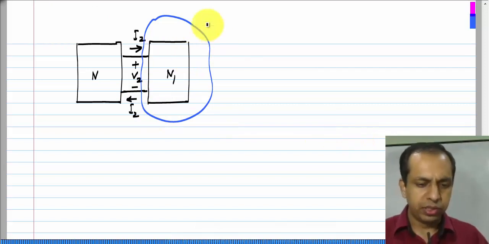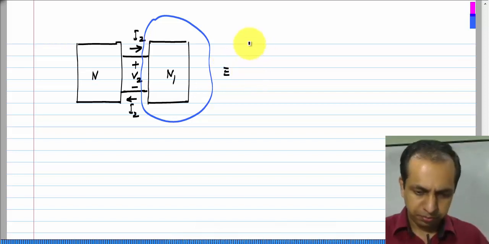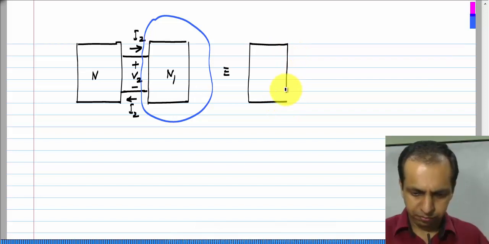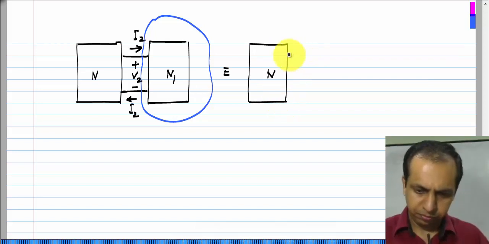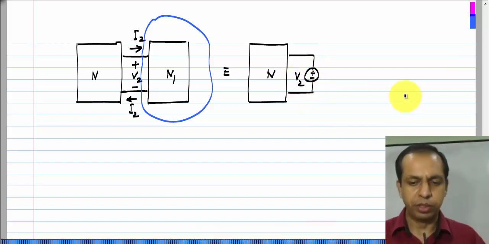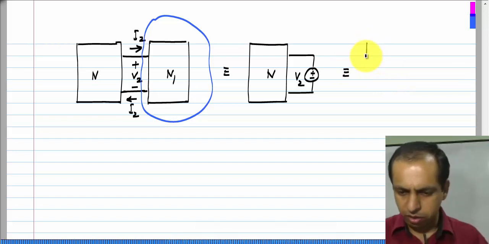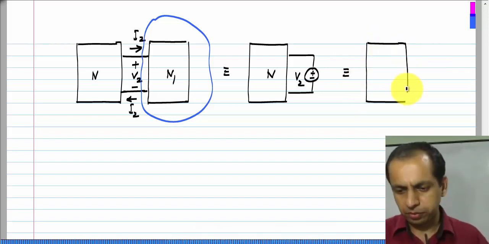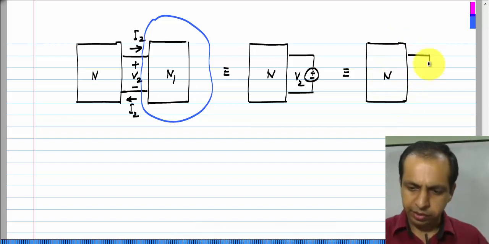Now, what I can do is, I can substitute this entire network N 1 with a voltage source of value V 2 or with a current source of value I 2.